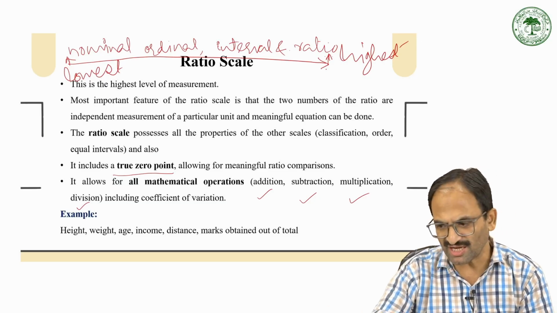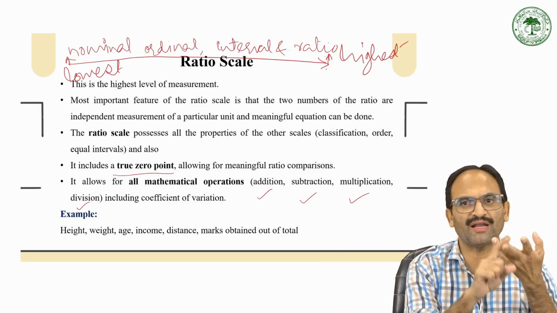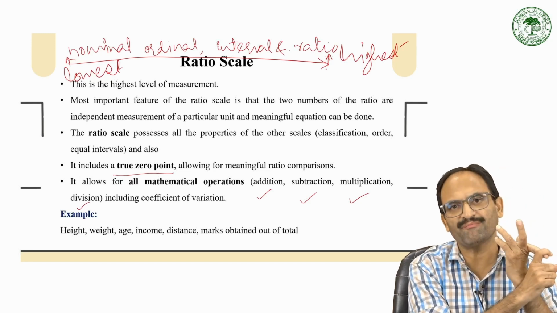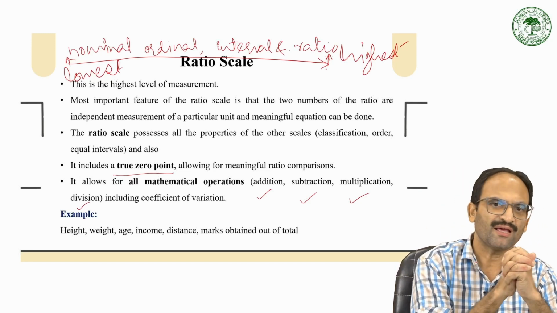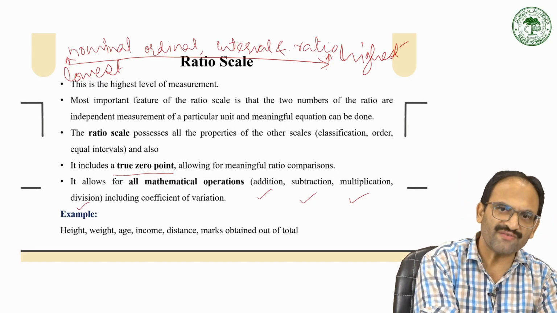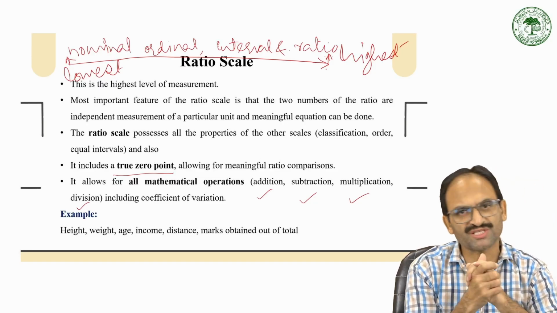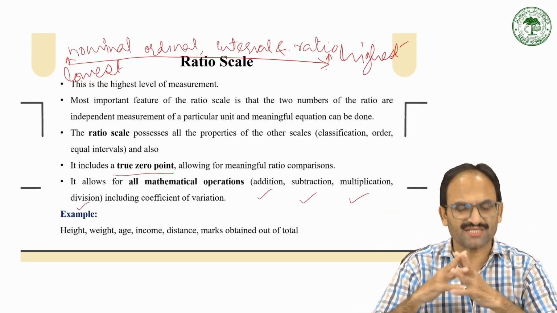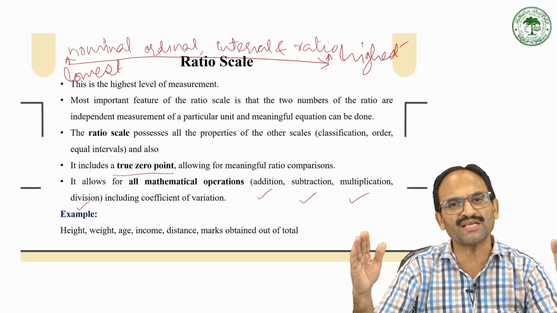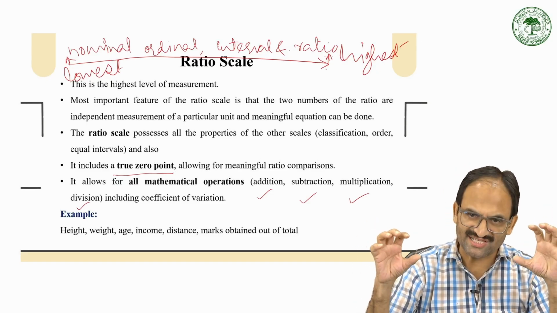So in a nutshell, nominal, ordinal, interval and ratio scale: nominal scale is the lowest level of measurement, whereas the highest is ratio scale, and out of all these four scales, ratio scale is the only scale which has a fixed zero.